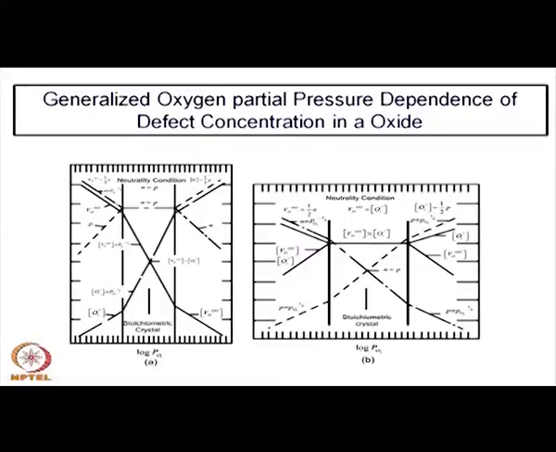So, the concentration of the mobile species actually determines what the conductivity will be. So, the conductivity is proportional to this defect concentration, either oxygen ion vacancy concentration or oxygen ion interstitial concentration. So, our interest is here.